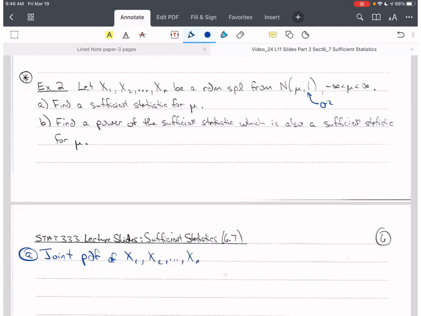Because these are from a random sample, remember that the xi, the observations, are IID normal(mu, 1). IID means identically and independently distributed, so every single one of them has the same distribution. And since they're independent, we find the joint PDF the easiest way possible by taking the product.